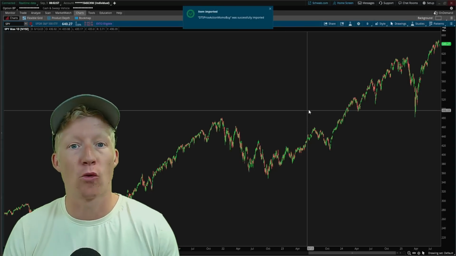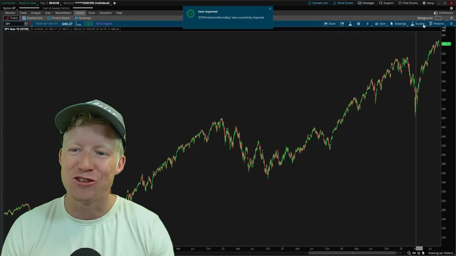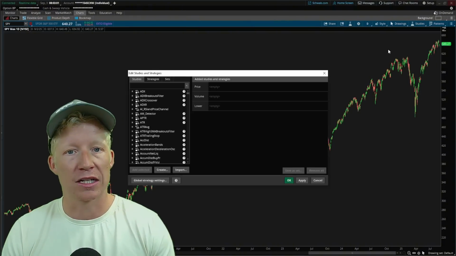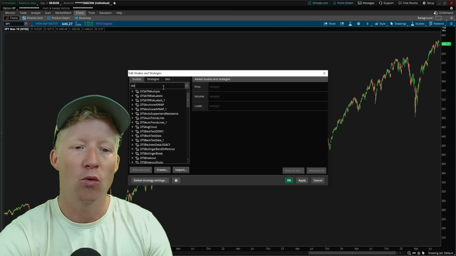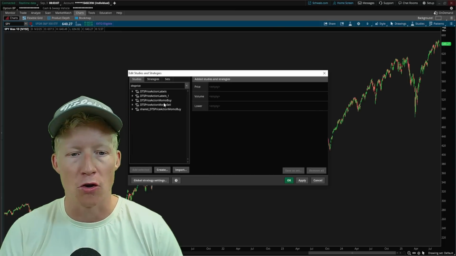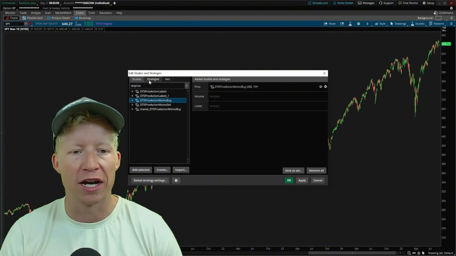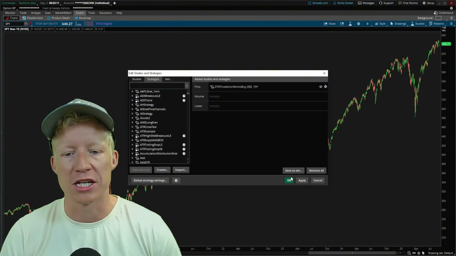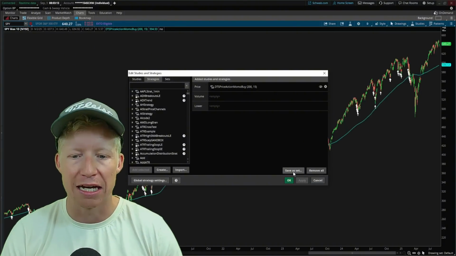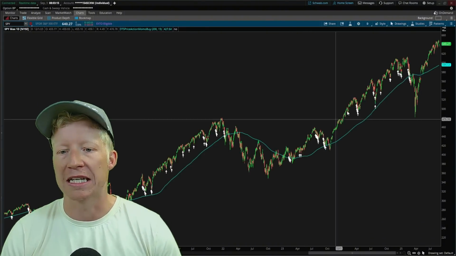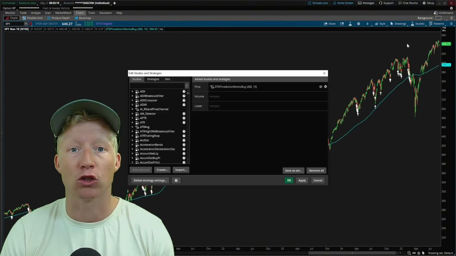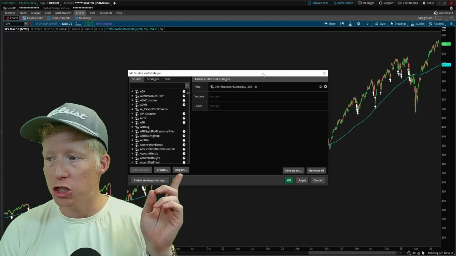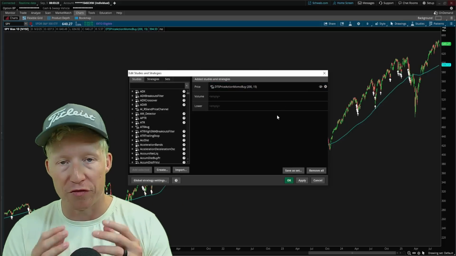Just like that, in about 4 mouse clicks and 3 seconds, you can have any and all of the custom codes imported from my website and saved locally within your ThinkorSwim. You then turn them on the same way you would turn on any study, the same way you would turn on any strategy, etc. As I hit apply on this, you will now see the custom study running on the chart behind me here.